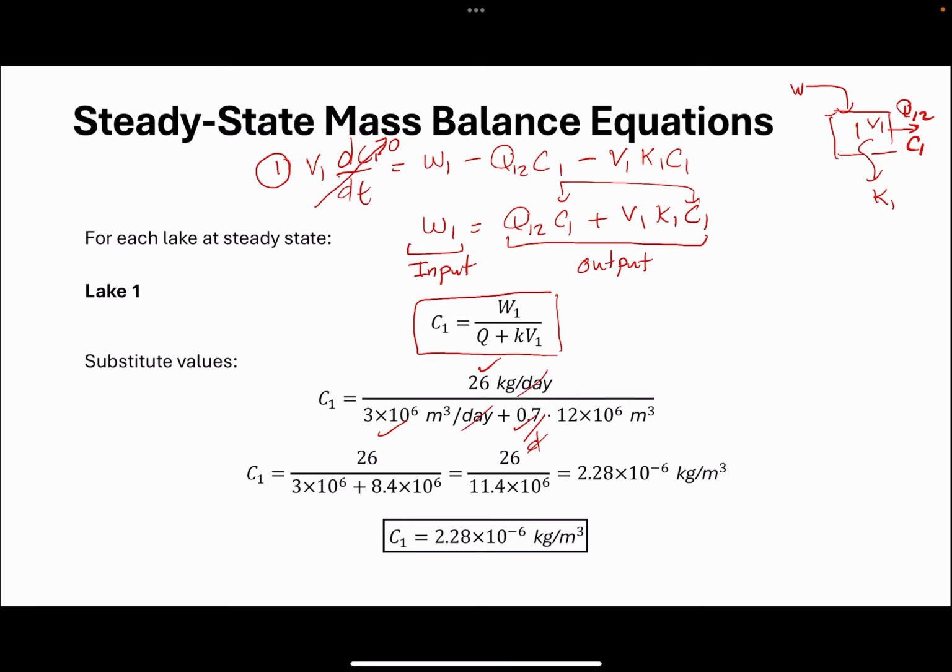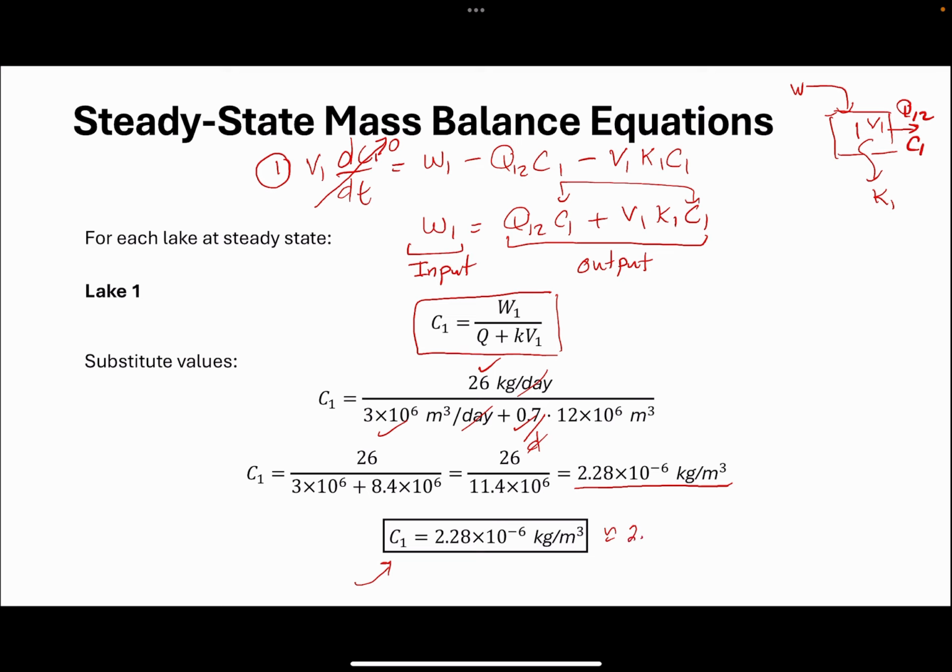And this would give you 2.28 10 to the minus 6 kilogram per meter cube. So that is the first lake. The concentration leaving lake number 1 is 2.28 10 to the minus 6. Of course, kilogram per meter cube is equivalent to microgram per liter. So it's going to be 2.